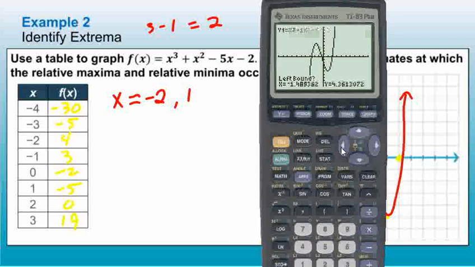Left bound would be here, enter, go to the right side, enter, a third time. X is negative 1.6, rounded that would be about negative 2. And then we can do the same thing for the x-coordinate there.